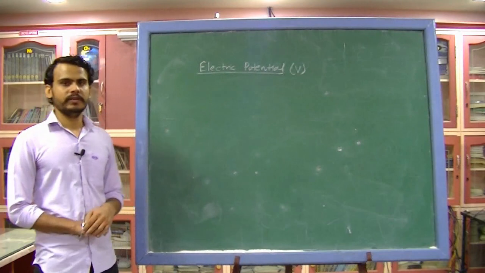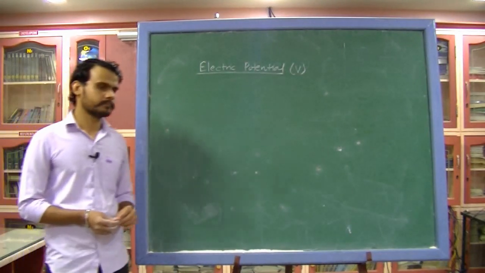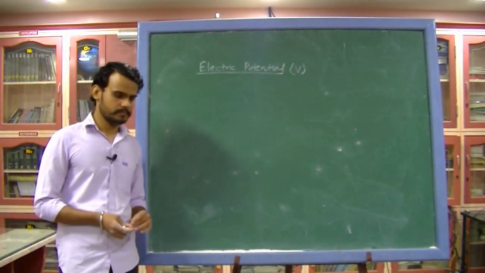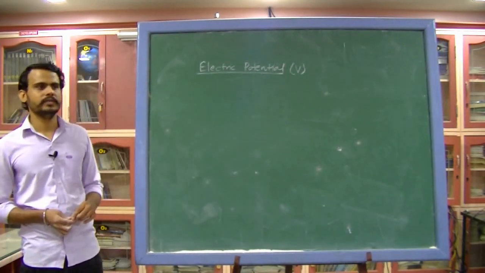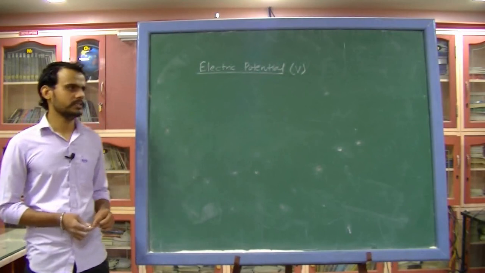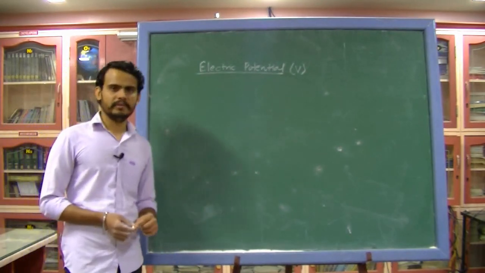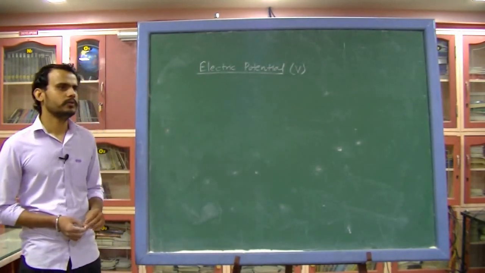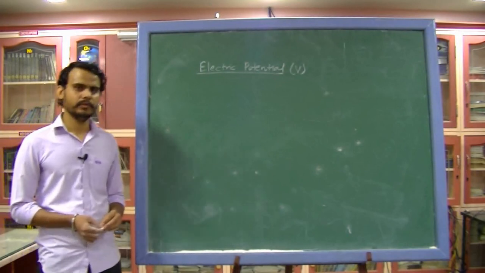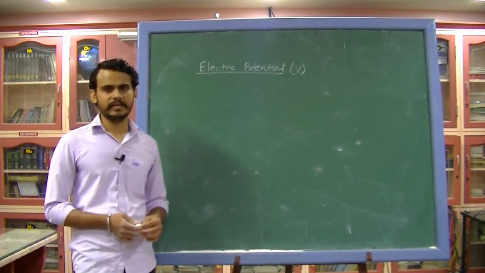So the next thing we are going to define is electric potential. You can write the definition of electric potential. Electric potential is the work done to move 1 coulomb charge from a reference point to a specific point in an electric field.